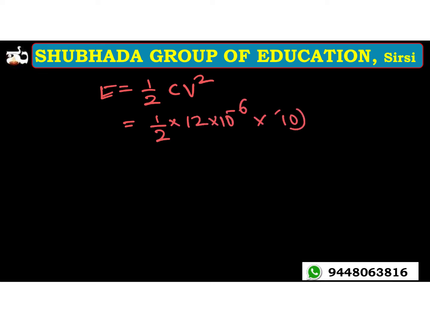To get the value for energy, energy E is equal to 1 by 2 times C into V square. The capacitance we got is 12 microfarad, so 12 into 10 to the power of minus 6 into V square, which is 10 square here.